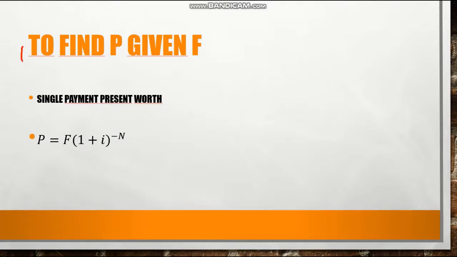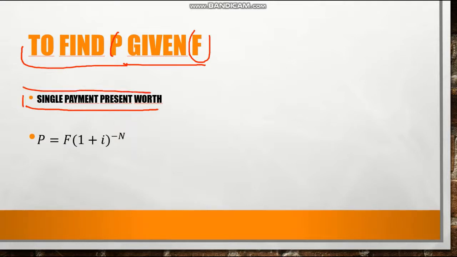Now let's find P, which is present money, with given future money. Again, to find this P, it is called the single payment present worth.